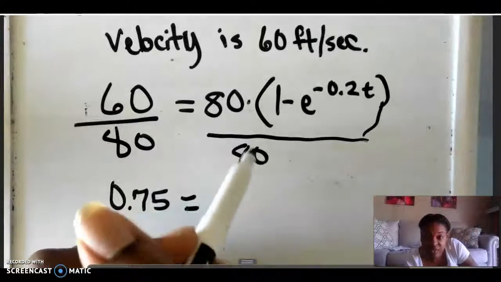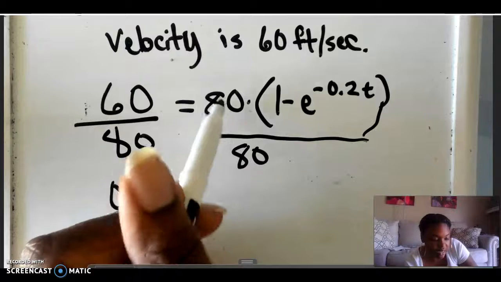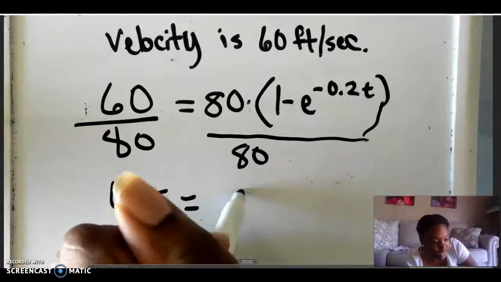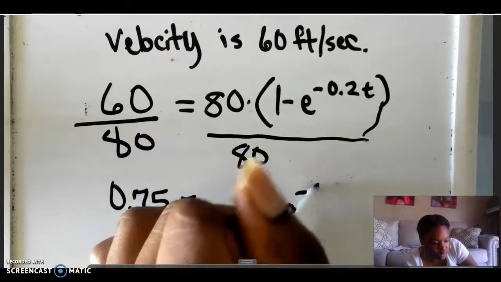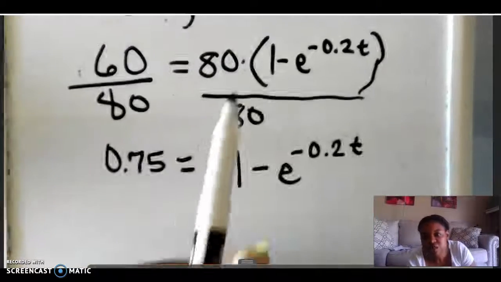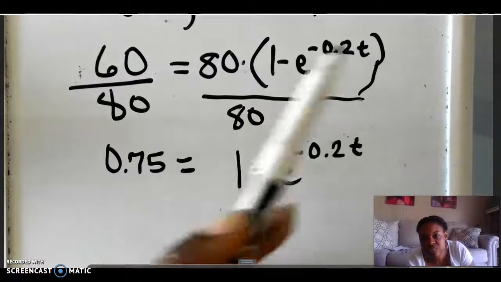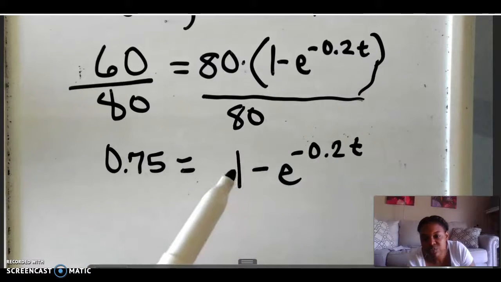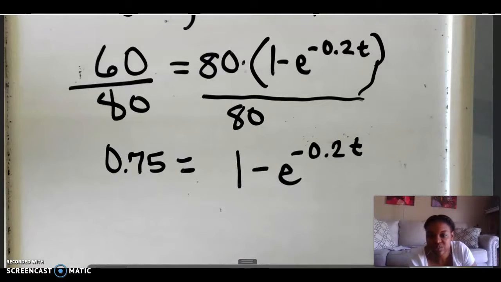And if we divide by 80 and we had 80, what's left is nothing, 1. So we just bring down what's in the parentheses. The parentheses was only serving the purpose of distinguishing the 80 from what's inside. So once we get rid of the 80, we no longer need the parentheses.